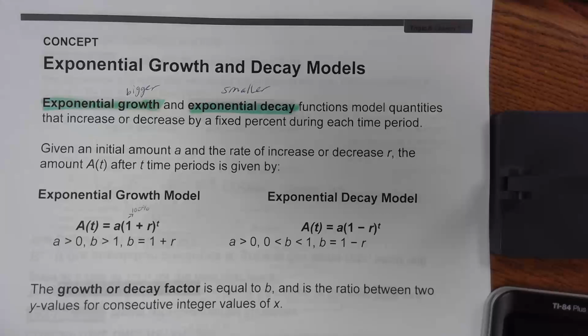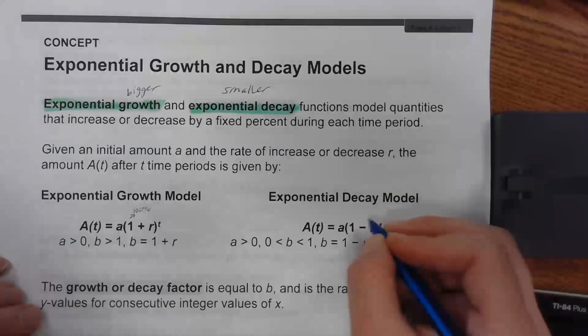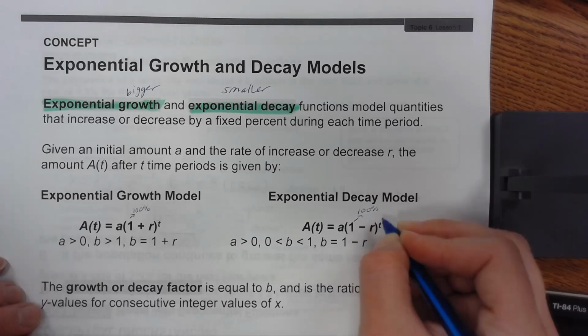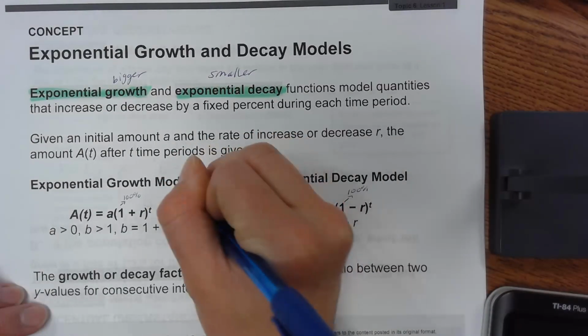If I am declining, if I'm decaying, I'm less than 100%. And again, this 1 is the 100%. So the key to this is that r is a decimal.